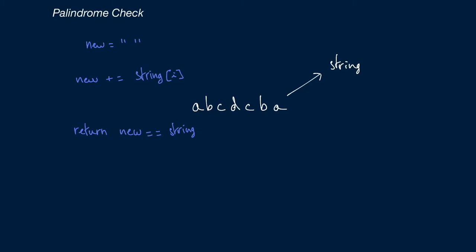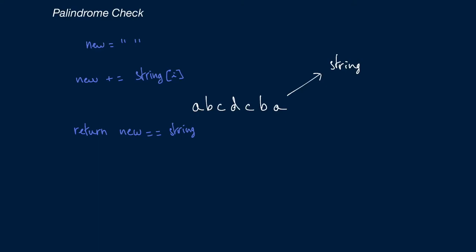And for this particular example, this return statement here would actually return true because new would be A, B, C, D, C, B, A, which is exactly the same as A, B, C, D, C, B, A. This is a palindrome.